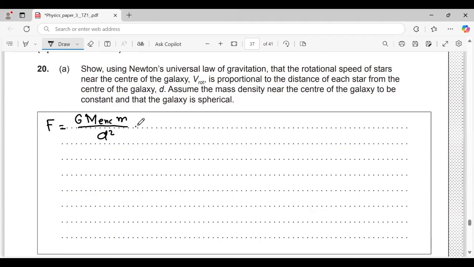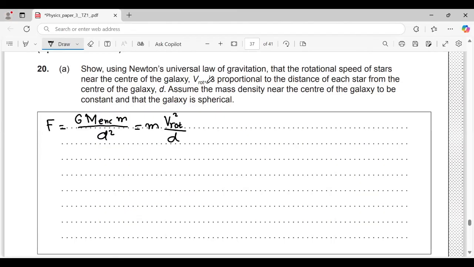And it is equal to m times v root squared over d. Okay, v root is the rotational speed of stars.